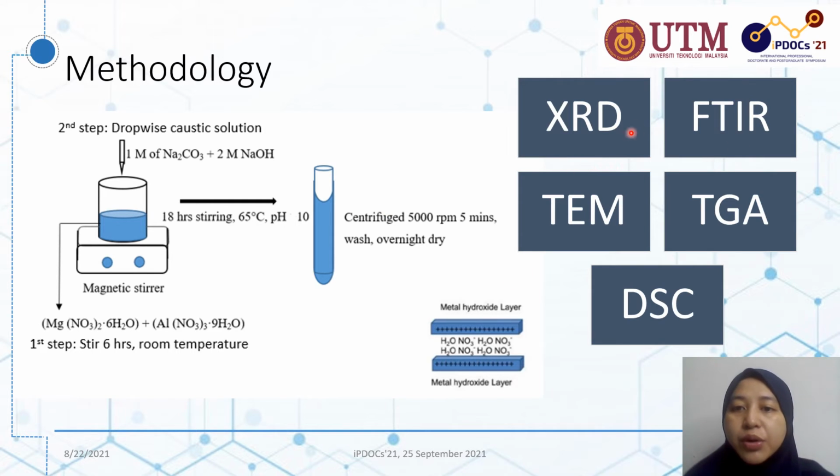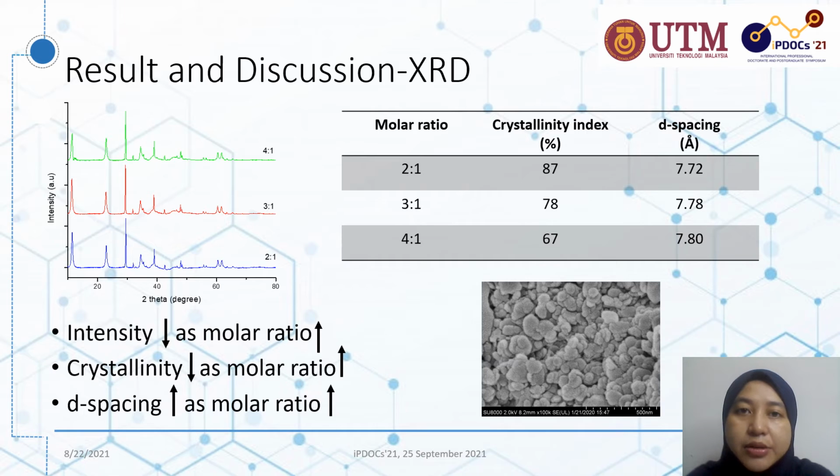After that, we study the characteristics and the thermal behavior. First, we do XRD, then FTIR, TEM, TGA, and DSC. The XRD result shows typical reflections for magnesium aluminium layered double hydroxide.